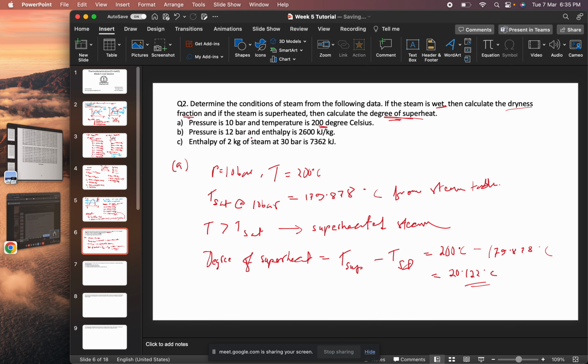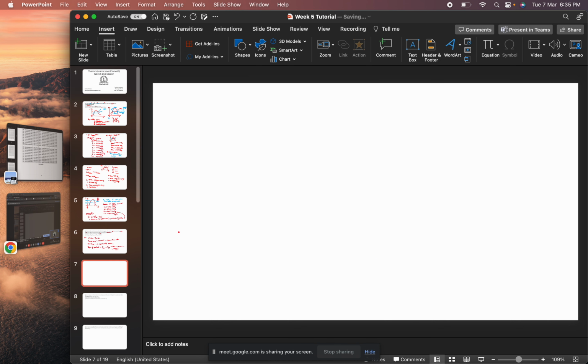The next part is, pressure is 12 bar and enthalpy is given to us. Temperature is not given, now enthalpy is given. So we have to go to 1.2 megapascal now. So part B: pressure is 12 bar and enthalpy is given as 2600 kilojoule per kg.